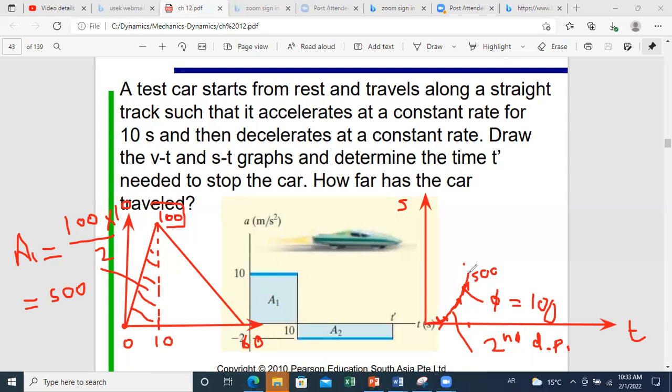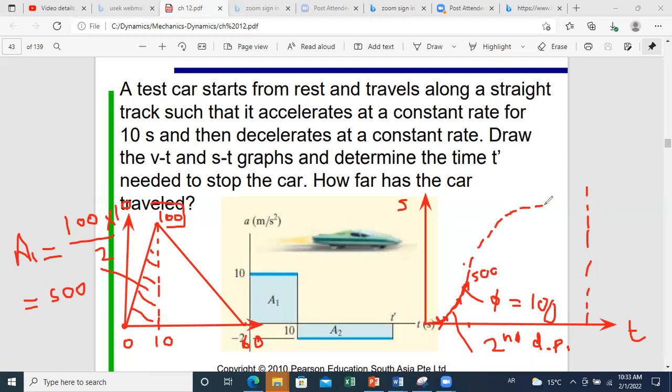So this will lead to a change in curvature. Your second degree parabola here is concave up. It has an upward concavity. While in your second zone, the slope will decrease and end up with a zero slope at 60 seconds. So in phase 2, your parabola is characterized by a downward concavity.